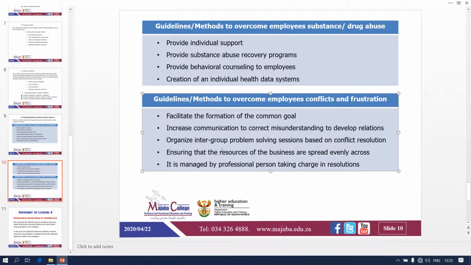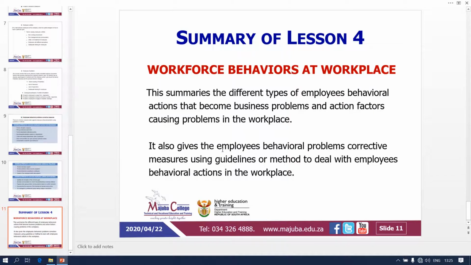Okay. Let's look at the summary of lesson number 4, workforce behaviors at workplace. This summarizes the different types of employees' behavioral actions that become business problems and the factors causing problems in the workplace.